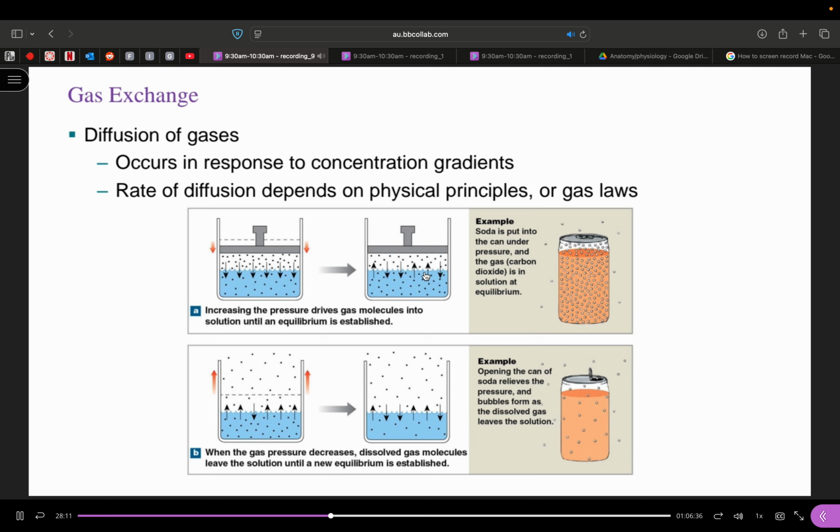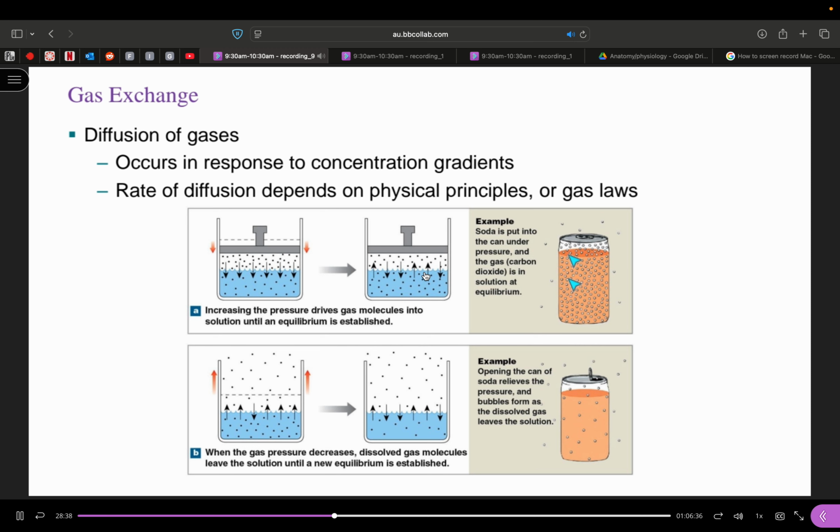Remember your basic gas law. Boyle's law is a really good example here. Gas under pressure will diffuse into an area where equilibrium is established. If we put pressure over here, so you think about your can of pop, all the gas is trapped in there, so it will equally distribute out into a concentration gradient, right? So it doesn't just stay all at the top or all at the bottom.